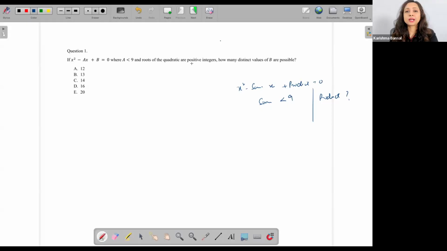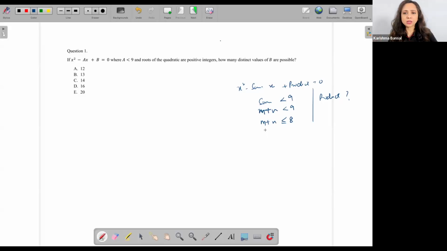The roots of the quadratic are positive integers, so essentially the roots will be like 1, 2, 3, 4, etc., and their sum has to be less than 9. Let's say the roots are M and N. So M plus N is less than 9, and because they are positive integers, their sum is a positive integer as well, so M plus N is less than or equal to 8.